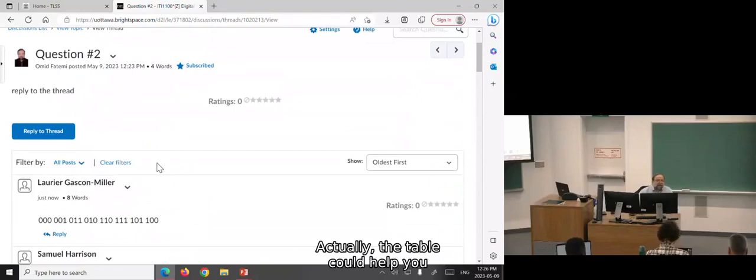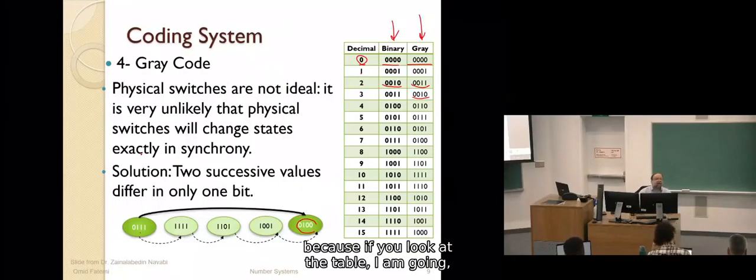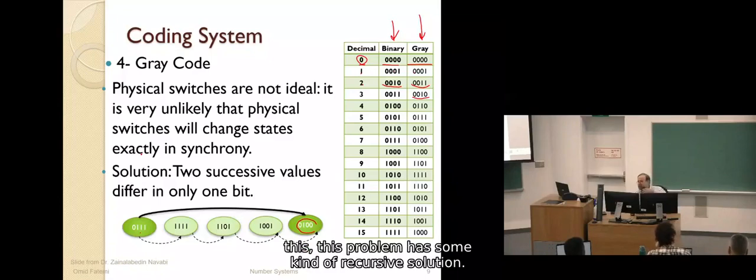Actually, the table could help you, because I am going to use this table to write for you the 5-bit gray code. This problem has some kind of recursive solution. If you have the answer for 4-bit, you could write the answer for 5-bit.